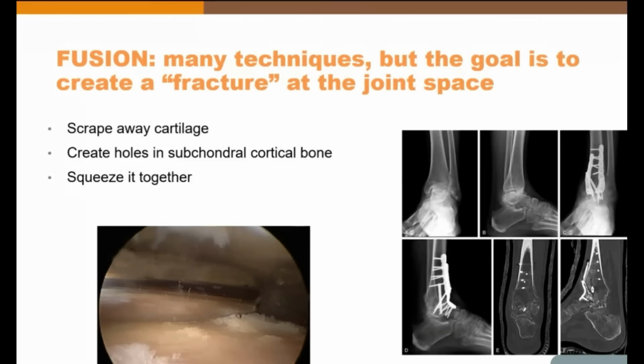And then hardware fixation, there are numerous options. You see demonstrated on the right plates and screws to eliminate motion through the joint as it fuses together. Screws themselves can be used independently of the plate. As you see, there's an independent lag screw in the construct used on the right.